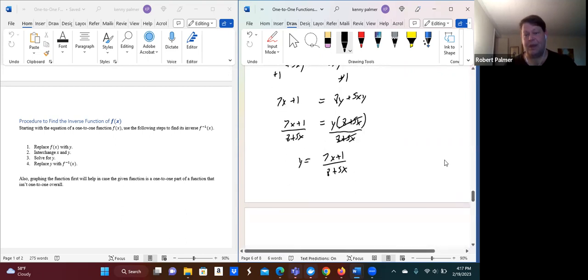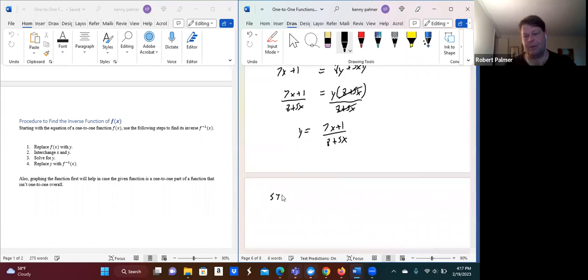And then the last step, I guess I go down here. Step 4 is just replace the y with f inverse of x, which is equal to 7x plus 1 over 8 plus 5x. So now let's graph that and convince ourselves it is the inverse.